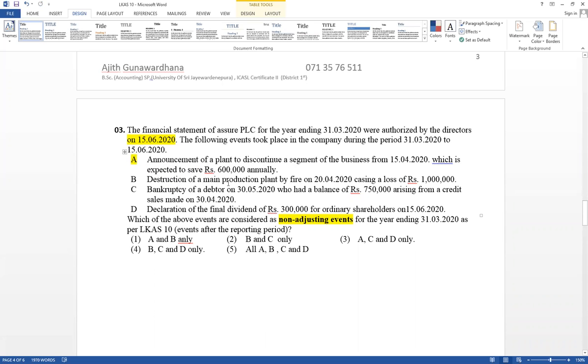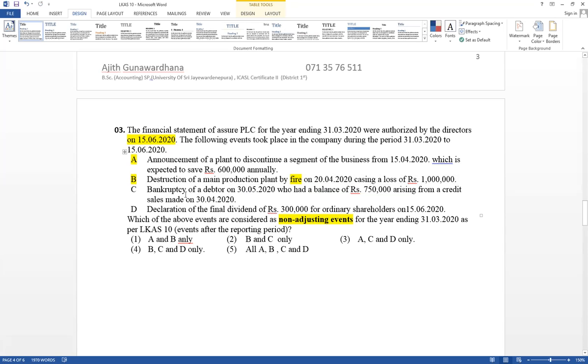And destruction of main production plant by fire on 20th April 2020, causing loss of 1 million. Due to fire, damage to production plant, due to flood or fire damage, those are also non-adjusting. We cannot think that something like this would happen by 31st March.